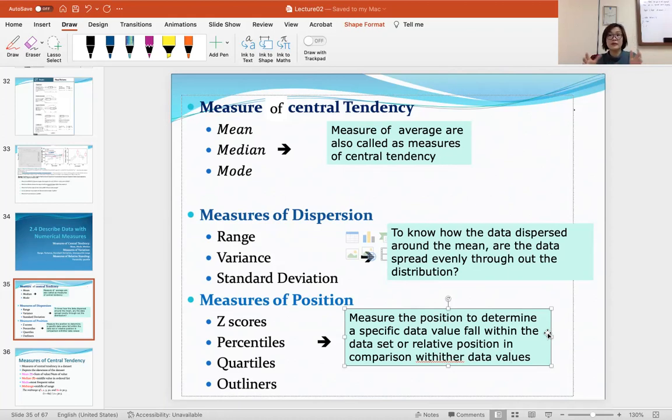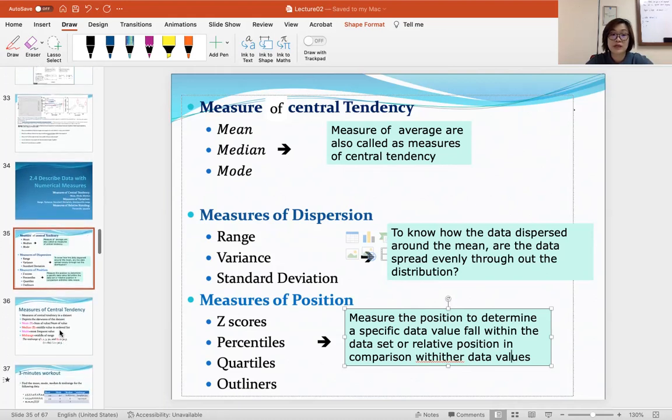Is it within the percentile? Or is it an outlier, out of our range? We should just remove it, because if we involve it, it can affect the whole thing, right? So we can adjust our data based on that.